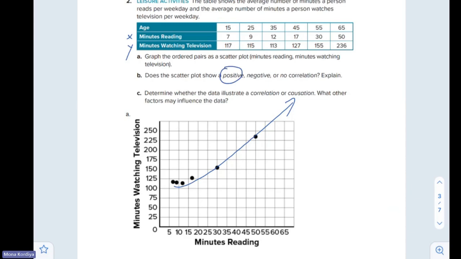Sometimes people do not watch TV, or sometimes people do not like reading at all. So you might say that these factors are affecting each other somehow for some people, but not all the people. We cannot generalize the idea. So in this case, we can say that it's not causation.